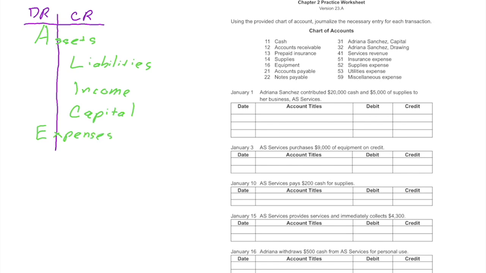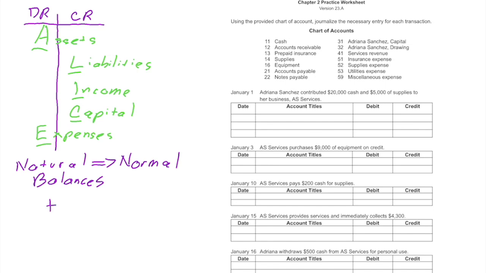And what does ALICE help us find here? ALICE is showing us the natural balances, or you may hear some people call it the normal balances, of these accounts. So what does a normal balance do? It increases an account.